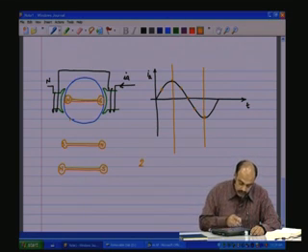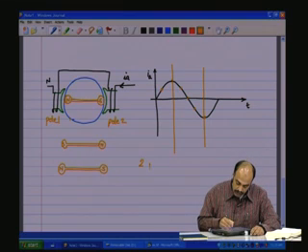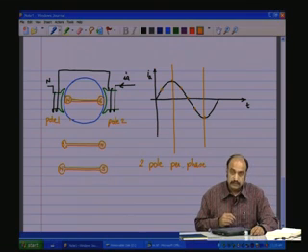That is, this is pole 1, pole 2. So you have 2 poles per phase system.